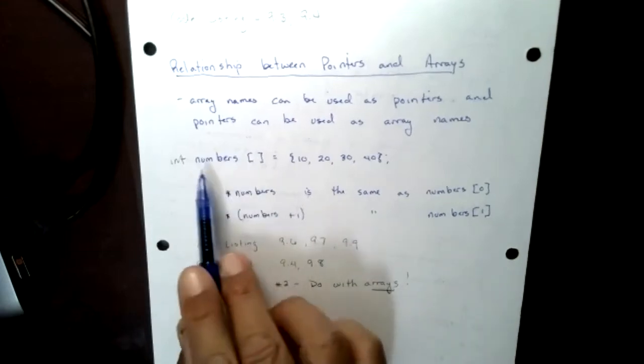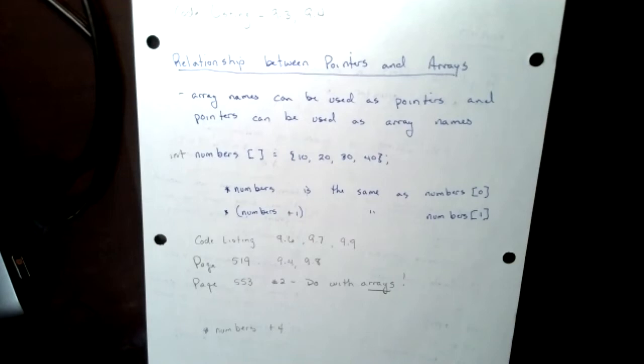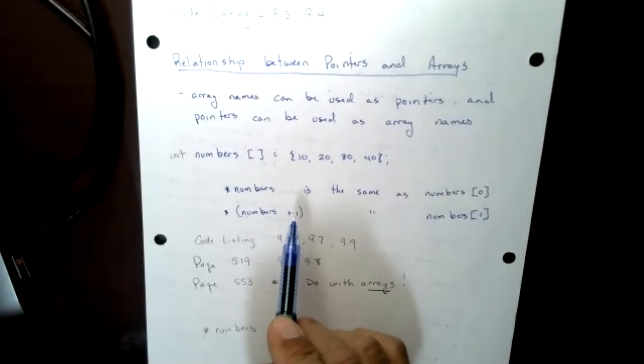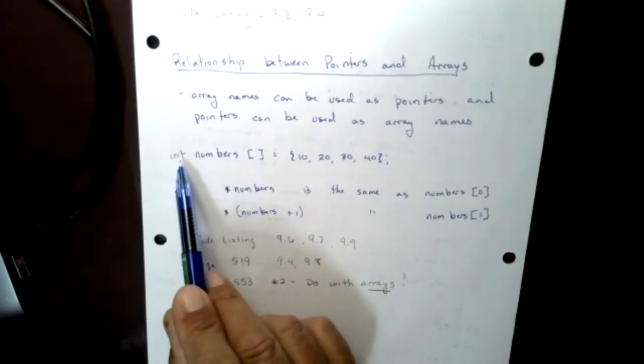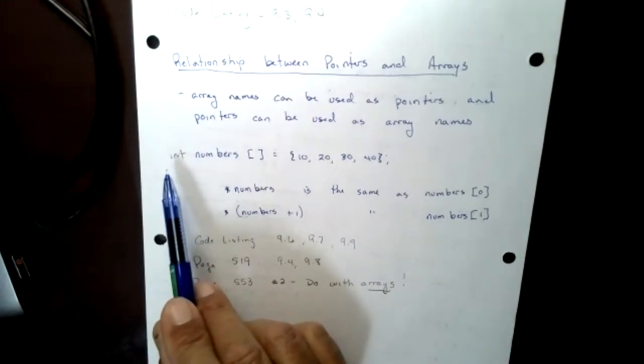So if this is an array of integers, that plus 1 basically moves me how far? To element 1. To element 1, but what's the amount of memory it's moving me over? 4 bytes. 4 bytes, right? It's going to move me over an int, which is actually 4 bytes.